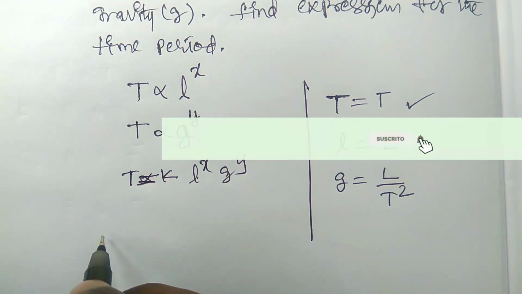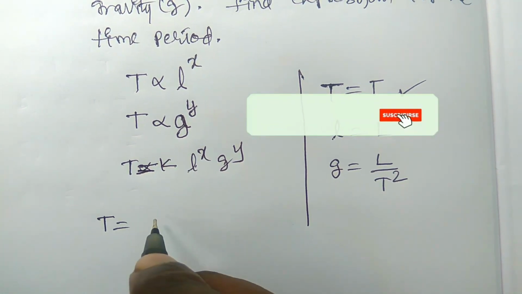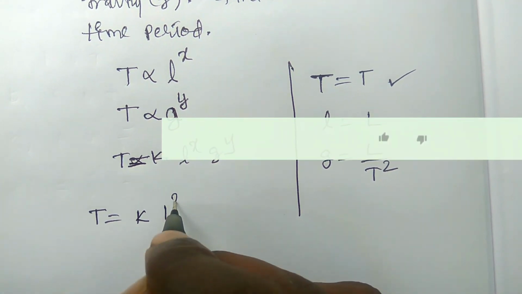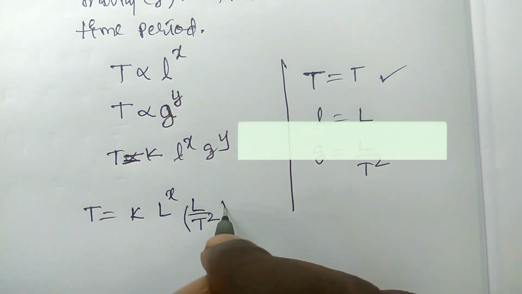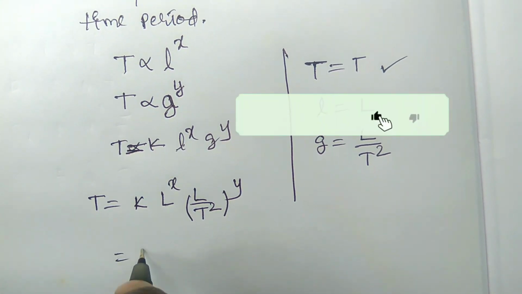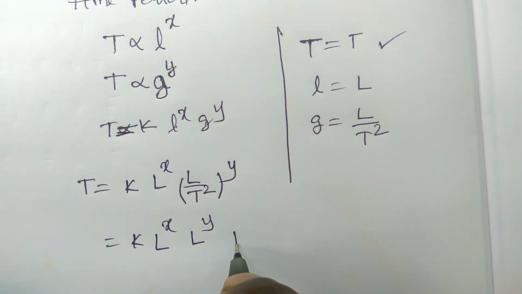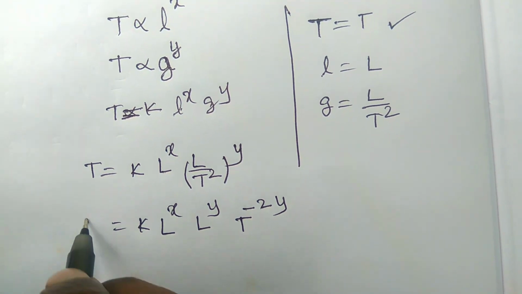Right, let us write T is equal to k into L power x, L by T square power y. You can write k into L power x L power y T power minus 2y. Okay, so this is T.